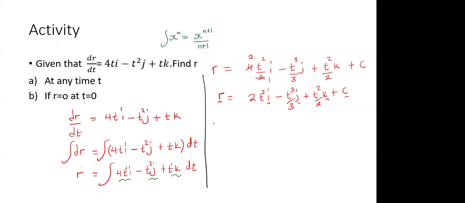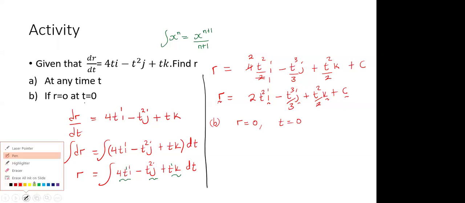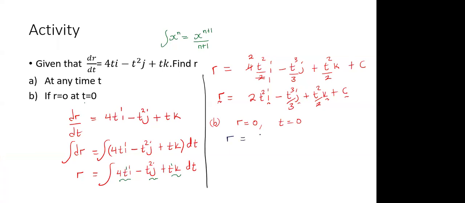Then when you go to part B, they say that if r is equal to 0 at t is equal to 0, so they are telling us that our r is 0 and t is equal to 0. So what do you do? You substitute the value of r and t in the previous item that we have been dealing with. So now here we shall say r is equal to 2t squared i minus t cubed out of 3 j, then plus t squared out of 2 k plus c.